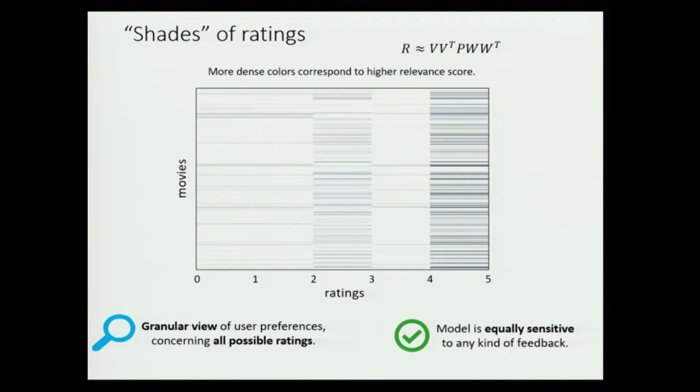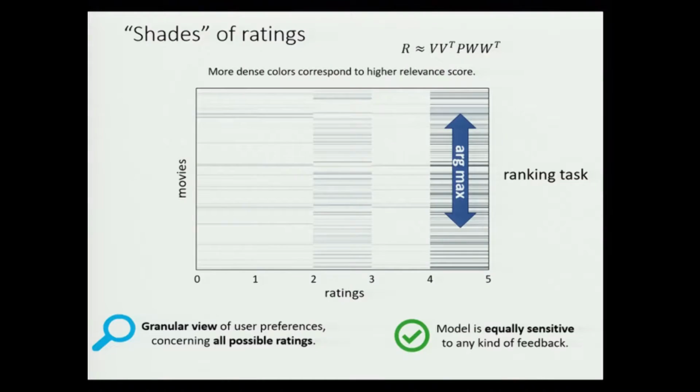Right, and this model is equally sensitive to any kind of feedback, no matter how positive or negative it is. And it doesn't make any assumptions on the nature of the feedback; how users rate the items is learned within the model for every individual user and item.